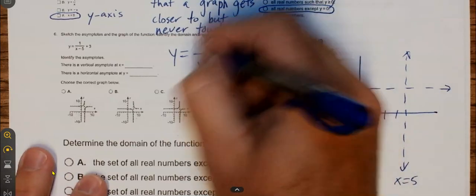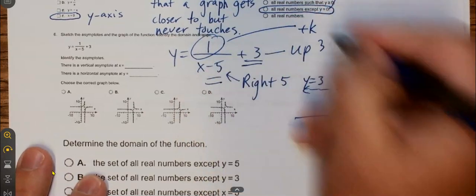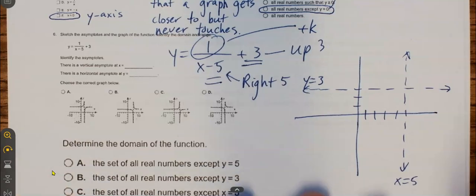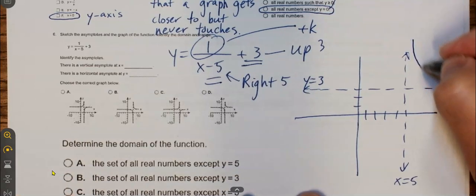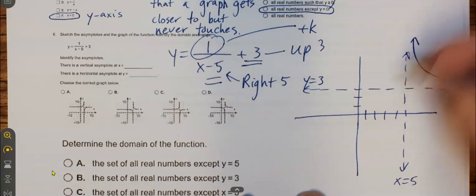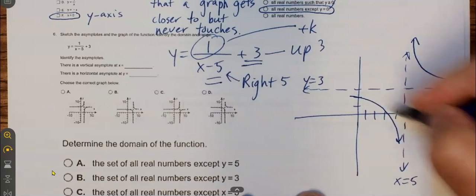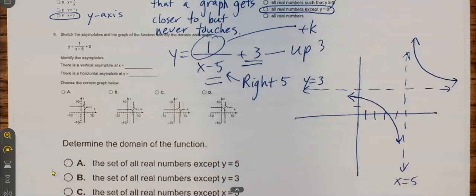We have a positive k value. So that's telling me that we're dealing with a branch here and a branch here. Just like we did on the last one.